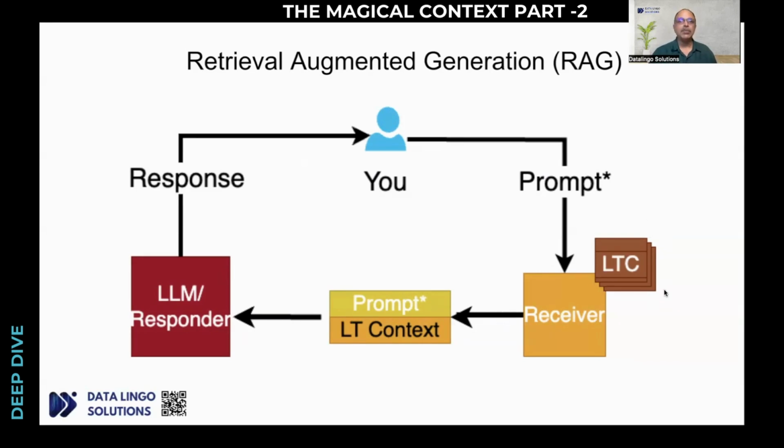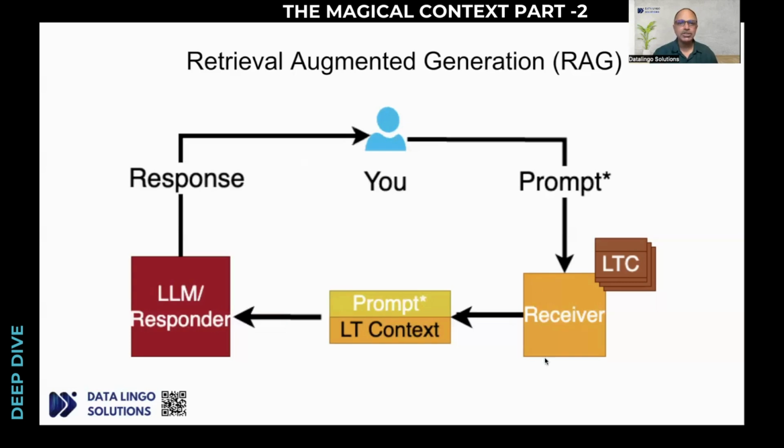Long-term here means durable or persistent. Essentially, no matter how much time has passed, when you return to the conversation, the context will still be available and ready to use. The data stored in the LTC includes more than just prompts and responses, but for simplicity, we focus on those elements for now.